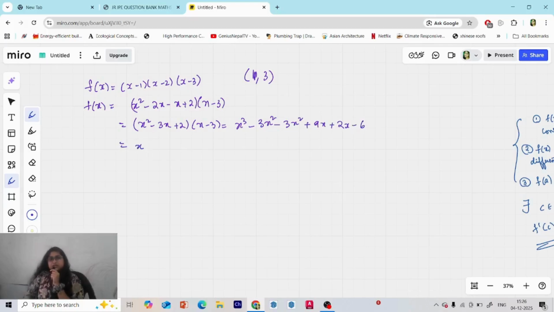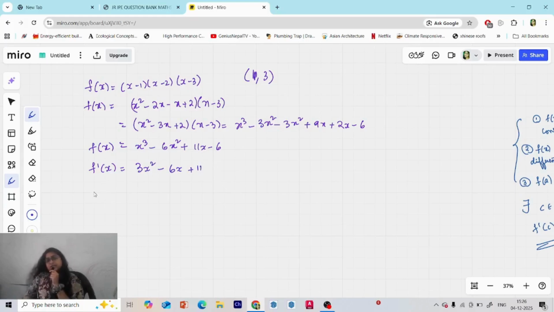So that will give us x cube minus 6x square plus 11x minus 6. This is our f of x. Now what is f dash x? f dash x is going to be 3x square minus 6x plus 11.